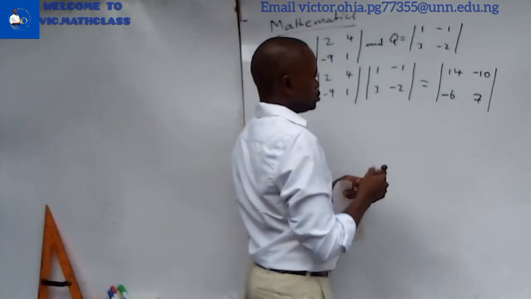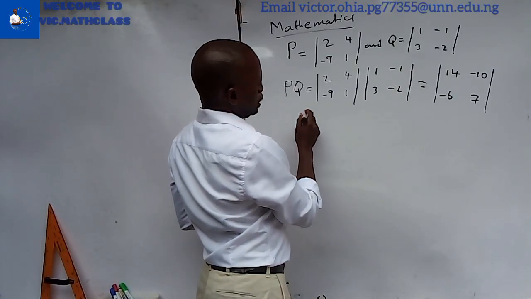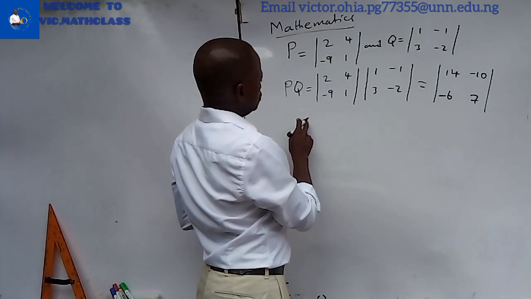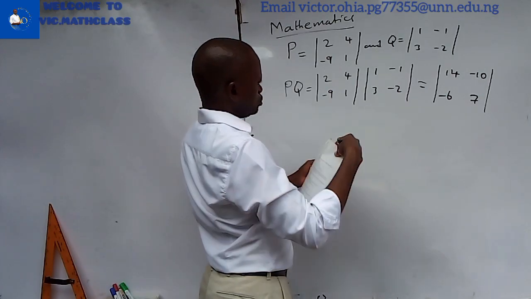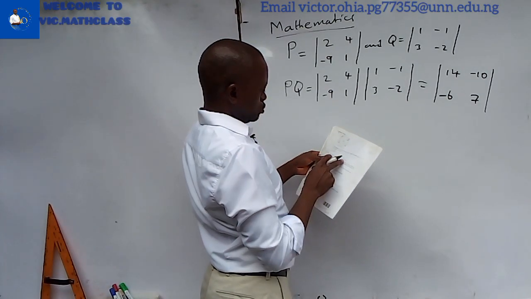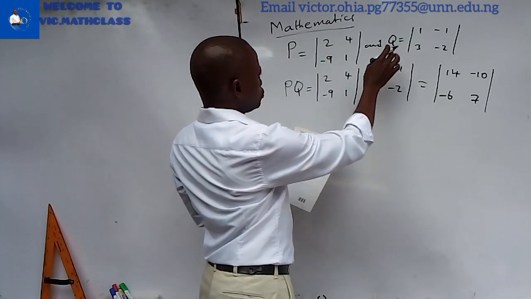So this is our PQ, and then we come back again and look at 2Q, because what we are required is to find the product of this and this plus 2Q.